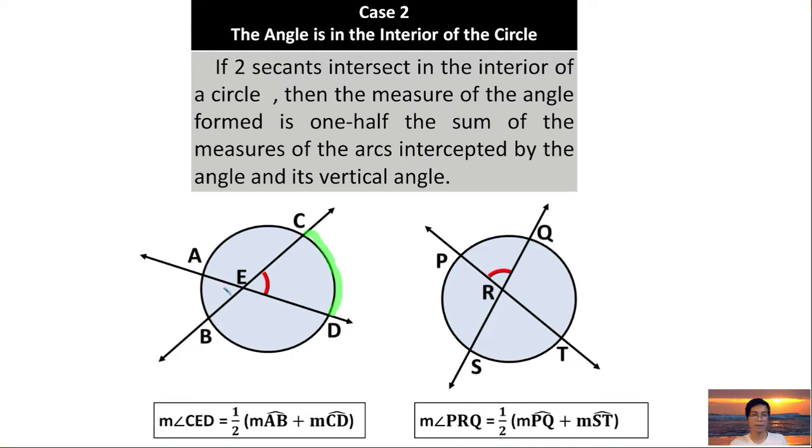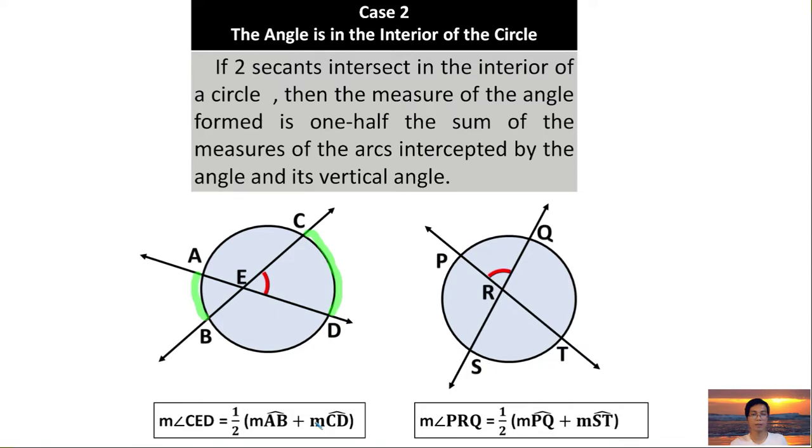So, ang vertical angle nito is angle AEB. Yung intercepted arc ng vertical angle is arc AB. So, ang gagawin daw na formula is measure of angle CED equals 1/2 measure of arc AB plus naman ngayon measure of arc CD. So, dito plus naman instead na minus.